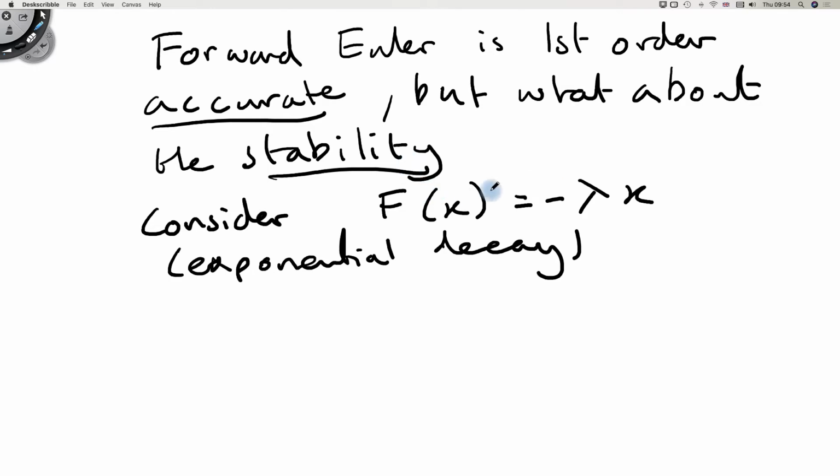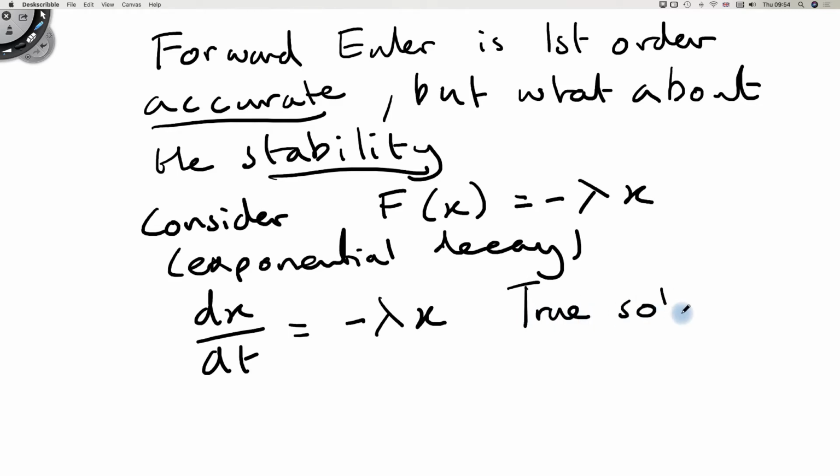So dx by dt is minus lambda x, and the true solution x star is the initial value of x times e to the minus lambda t. We're going to use that example again. This is an example that I showed you pictorially before, but now we're going to just do it algebraically.